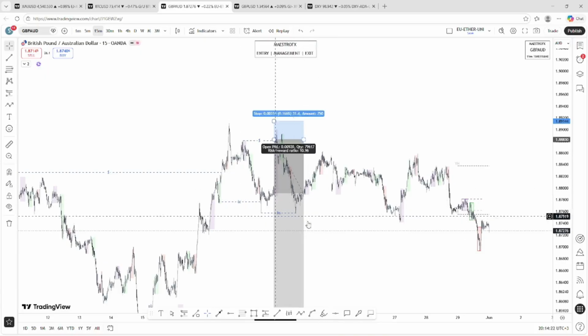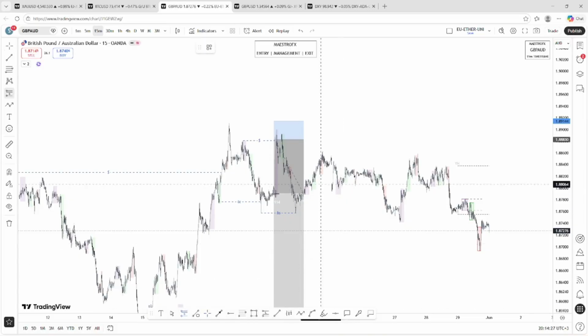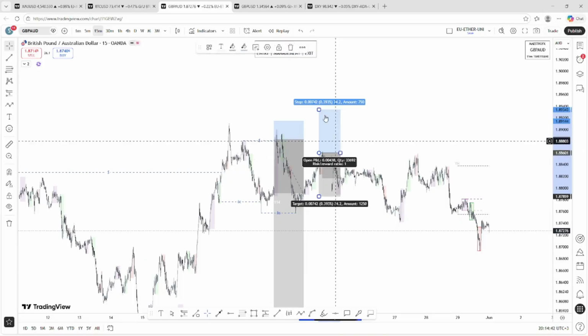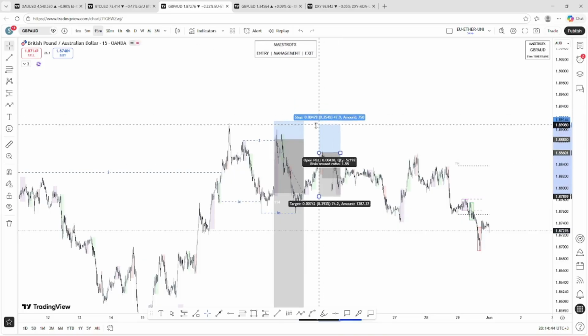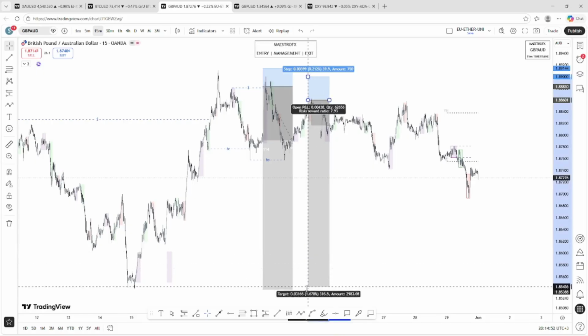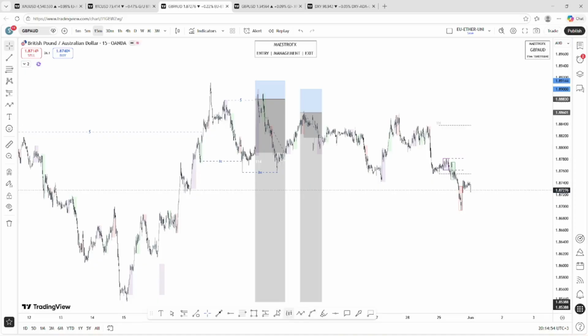Someone can also say these are equal lows, and the equal lows can be very good targets. This was a very, very good scaling position. See, target down here, and again we had another scaling position.